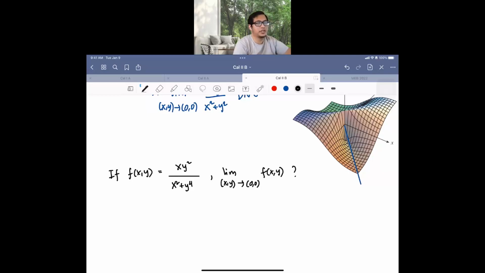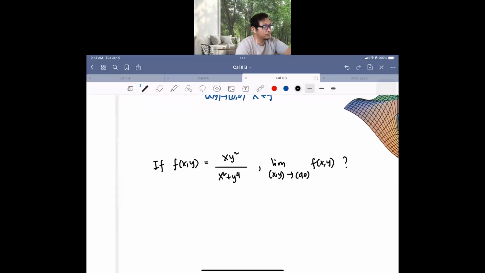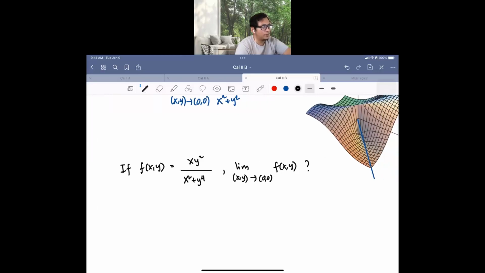We need to check whether the limit exists or not. It has a similar structure: if you put 0 for each case, for y equals 0 and x equals 0, it's going to be 0 for that matter.